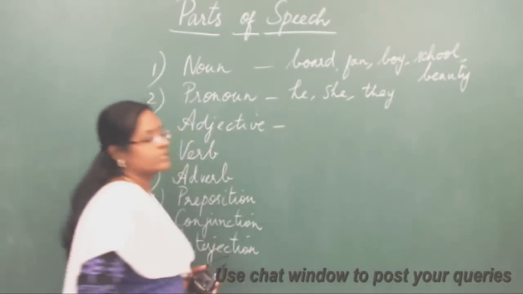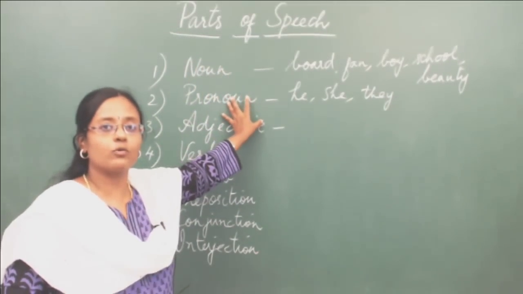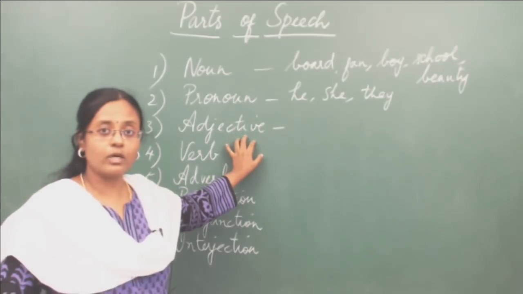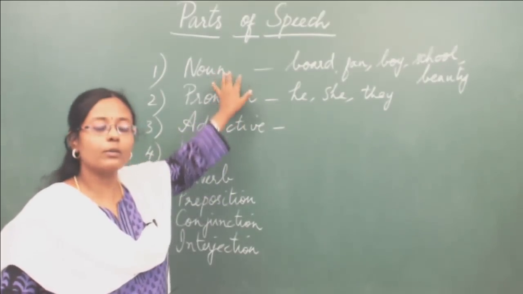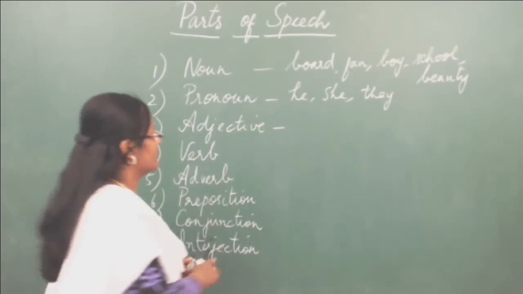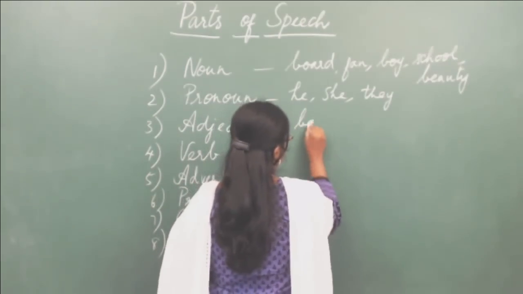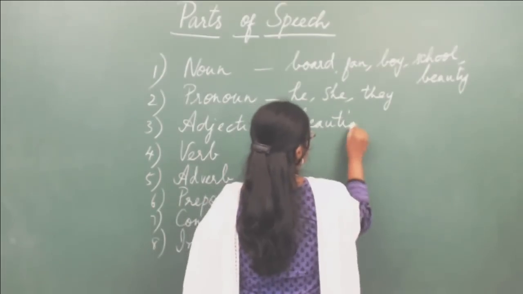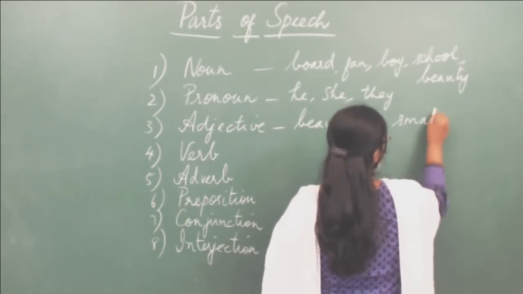Now, what is an adjective? Now, we know what a noun is, we know what a pronoun is. So, an adjective is a word that is used to describe a noun or a pronoun. There are again many kinds of adjectives. You see the easiest ones: beautiful, small.